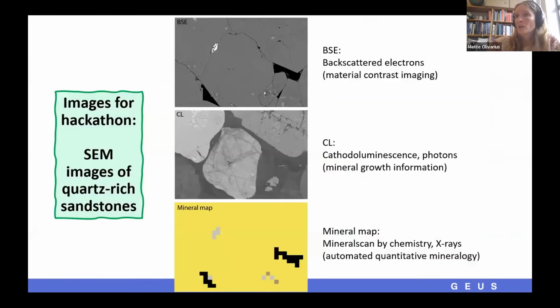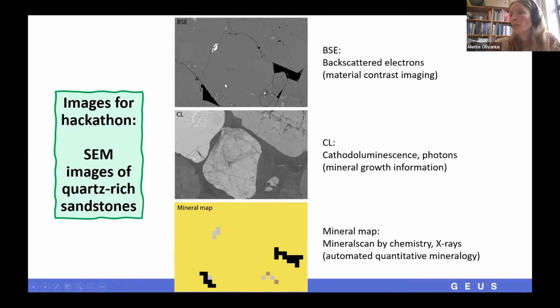assignment. So images for the hackathon, we have selected some very quartz-rich sandstones for this assignment to produce a data set that is good to work with. And we have then here the BSE, which really shows the material contrast.